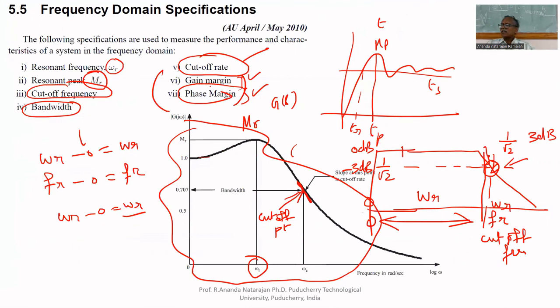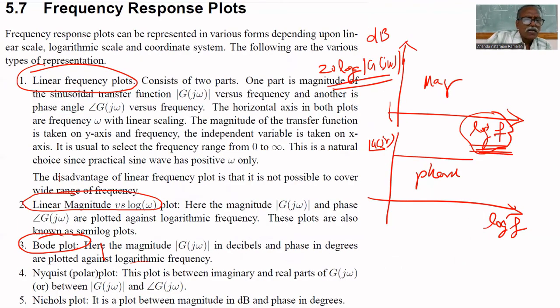So the gain margin and phase margin are also frequency domain specifications. And now, Nyquist plot means polar plot. Nichols plot means that is also a polar plot plotted on a Nichols chart.